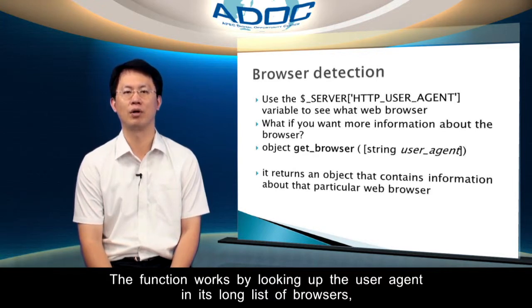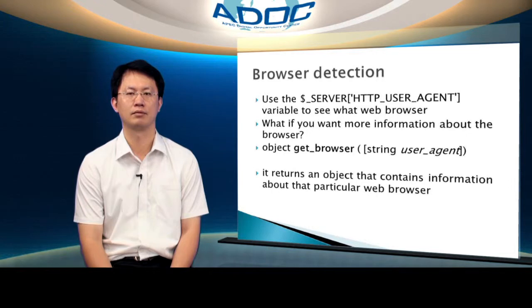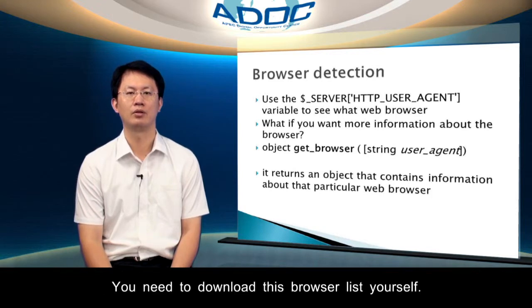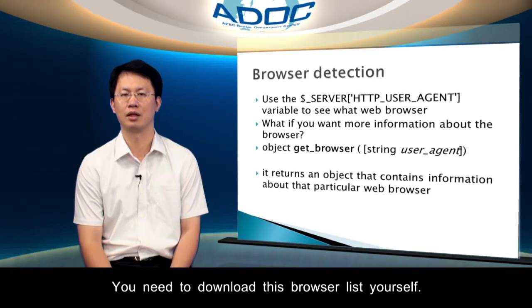And the function works by looking up the user agent in a long list of browsers, and reading from it what that browser supports. You need to download this browser list yourself.